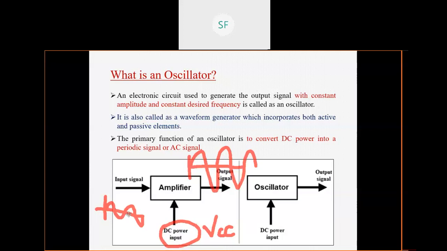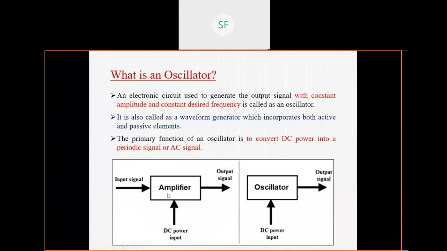Now what is the working of an oscillator? If you observe, in the oscillator there is actually no input given. There is no input given, so no sine wave is given here. But the DC power is the same. So what should be the output of the oscillator? I have already told you that throughout the unit you should remember that the output of an oscillator will be any kind of wave.